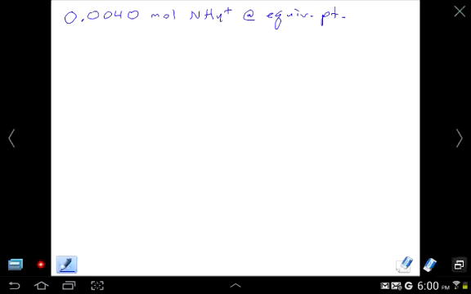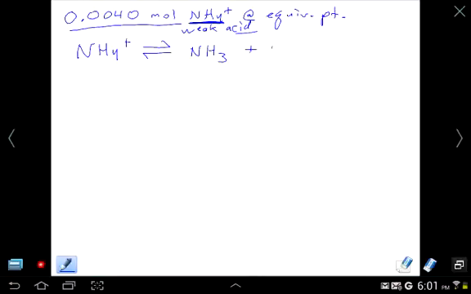NH4+ is what's ruling the solution now, so we have to contend with it. Let's write out the equation here. NH4+ acts like an acid because it's a weak acid. Let's write out its weak acid equation: it breaks down back into NH3 and H+.